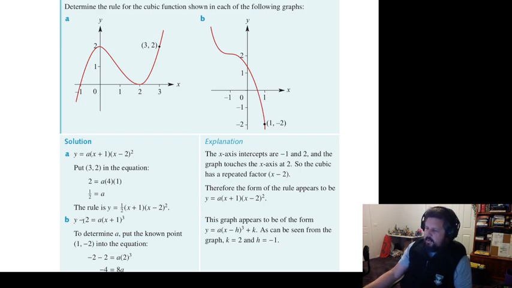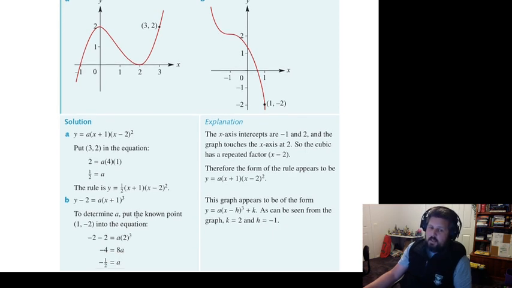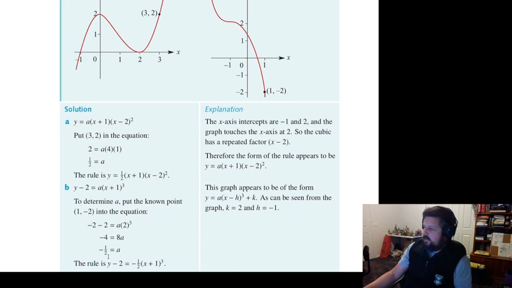From here, once you have that, you do have some additional information. You are also given a point, (1, -2), so an x and y value, which you can substitute into this equation, whether it's this one or the y equals this plus 2. You should still get the same thing when you rearrange it. You should get that a is equal to -1/2.